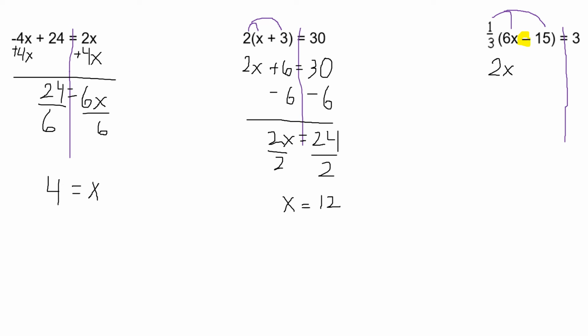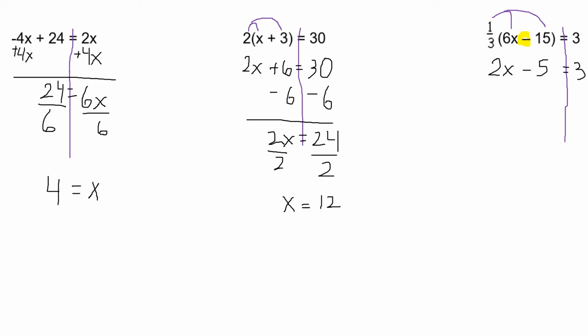So 1/3 times negative 15 is negative 5, because it's the same as negative 15 divided by 3 equals 3. And again, now we have 2x minus 5 equals 3, something that we've seen something similar to before.